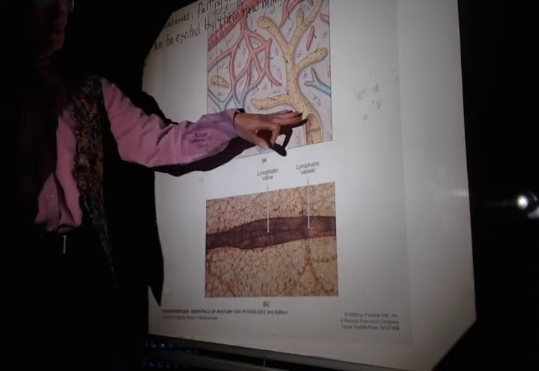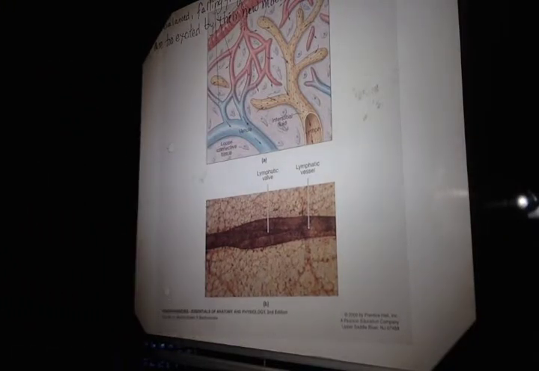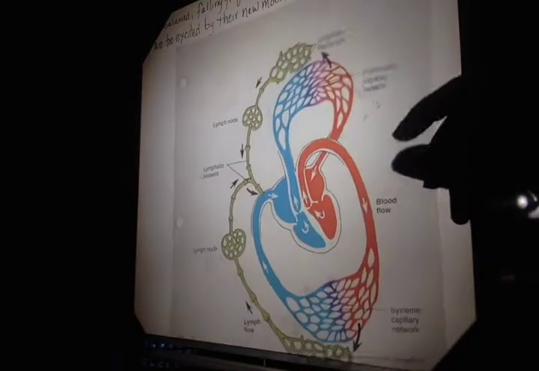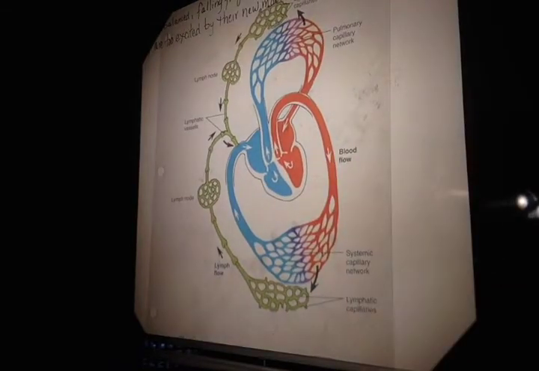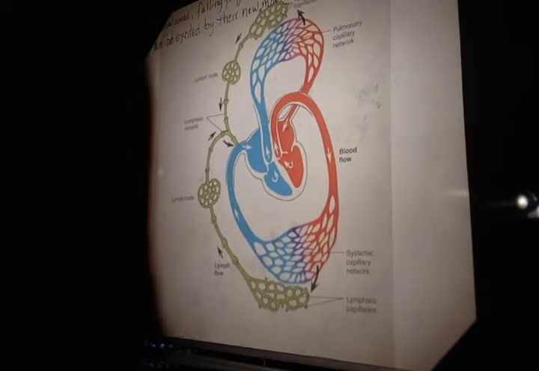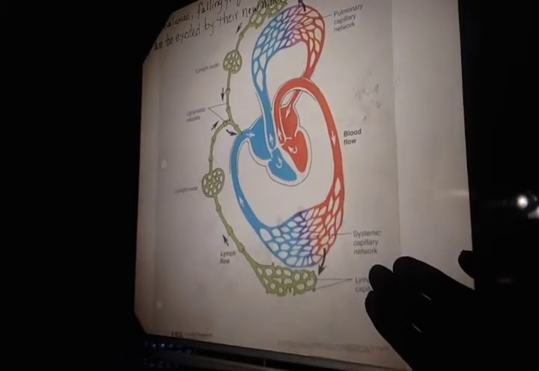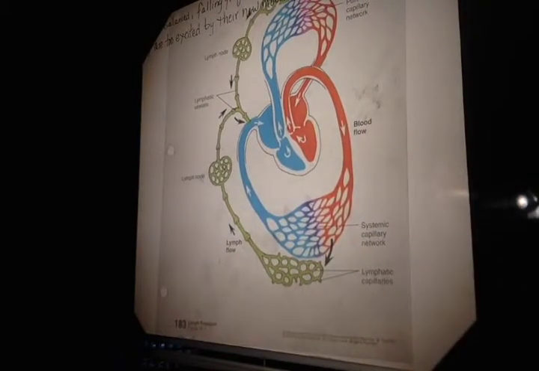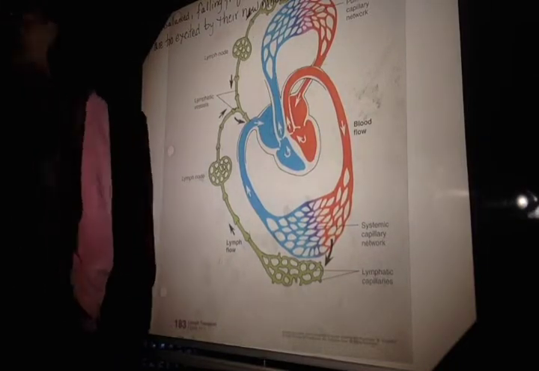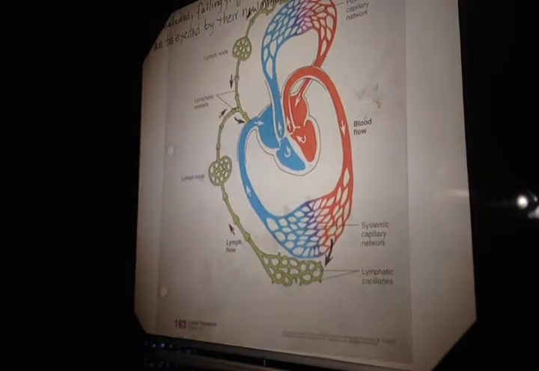So it's collected in larger and larger vessels. Now, eventually, that fluid is returned to the cardiovascular system. It's returned on the venous side of the cardiovascular system. And we'll show you the specifics of that in a minute. Okay?